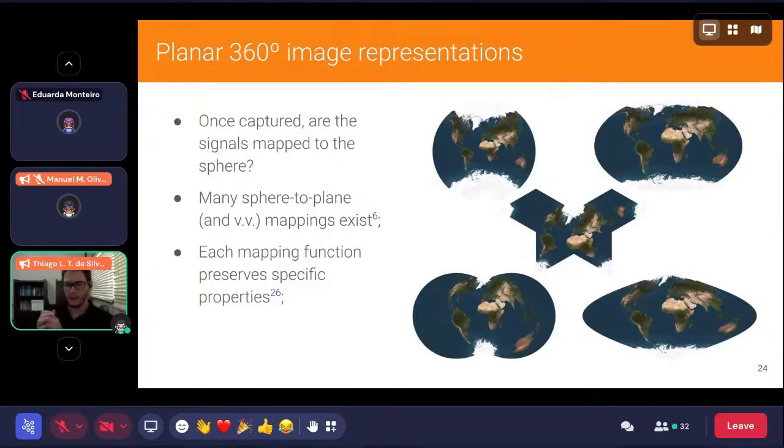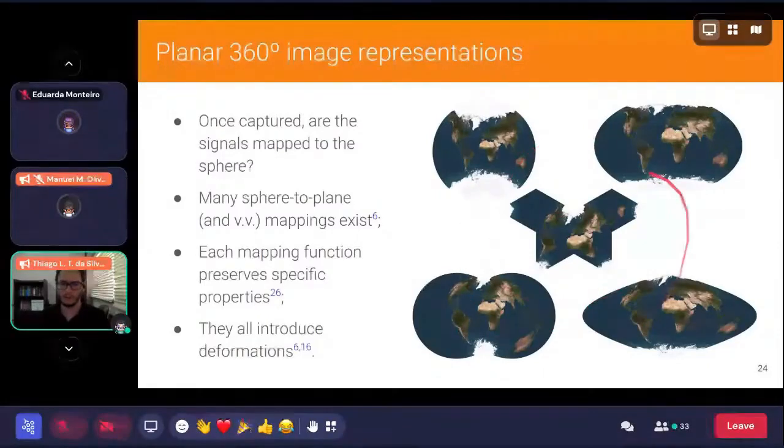And they all introduce distortions. We can't go from the sphere to the plane without introducing distortions. They are not in the same space, right? So we need to know if representing the sphere on the plane is a good choice, or if it's not. And we need to understand that this mapping will introduce some kind of distortion. Maybe we need to handle these distortions.